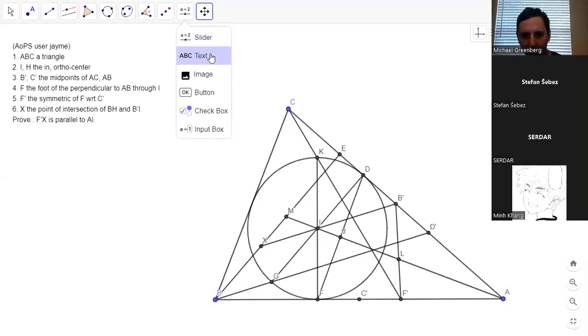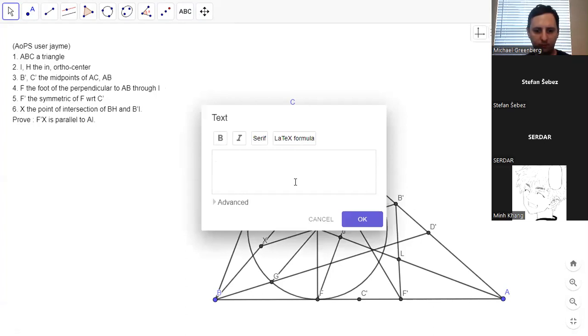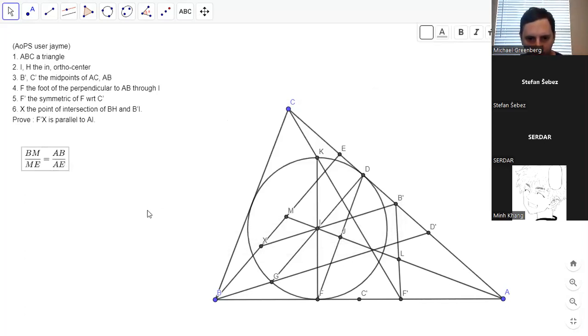And we want to show that, yeah, Stefan's, let's see. AE. And we want to show BX over BM is BF prime over BA. But BX is equal to the inradius. And we also have ME over ID.